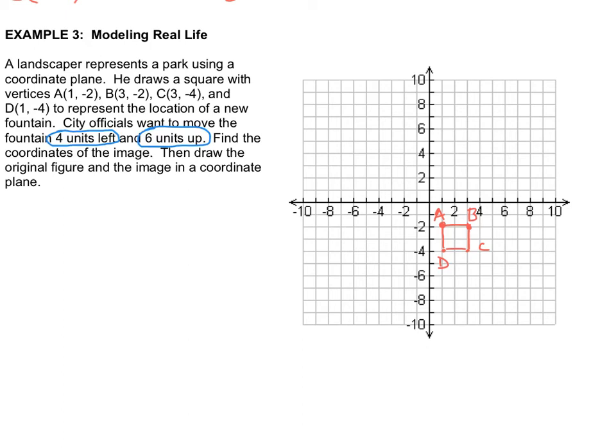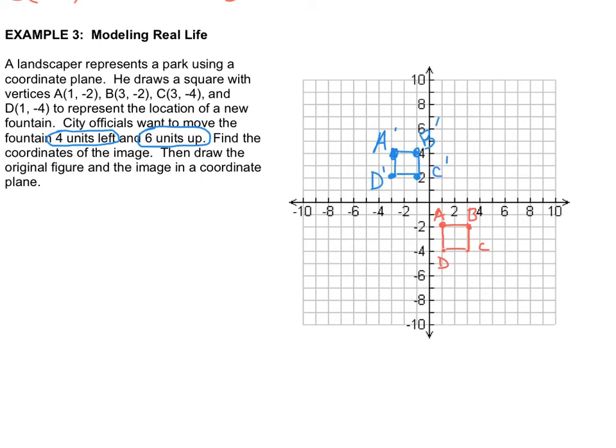If we take A and we count over 4, 1, 2, 3, 4 to the left, and then up 6, A prime is now sitting up here. So pause the video and you finish the other 3 ordered pairs and then turn this back on.